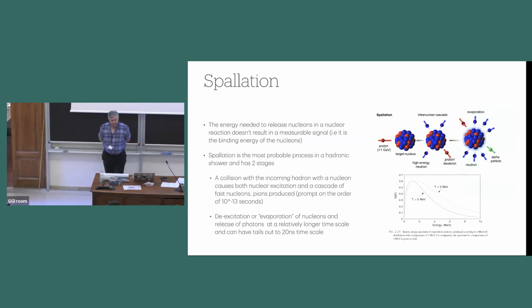So the second thing, which is a little bit more complicated about the strong interactions, is that besides the energy which is released in producing those strong interactions and producing pions and the nuclear interactions, we can also have different types of interactions in which a proton or a neutron goes into a nucleus.